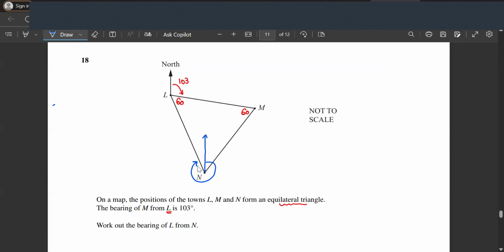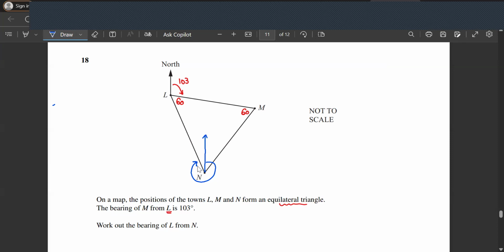Any other way? Just do the same technique, just L and then. No. 180 plus 103. Plus what? Plus 103. If you got this, you will find what?